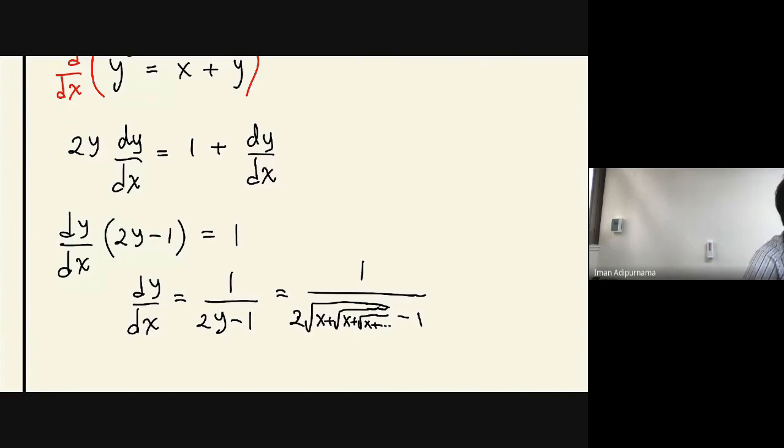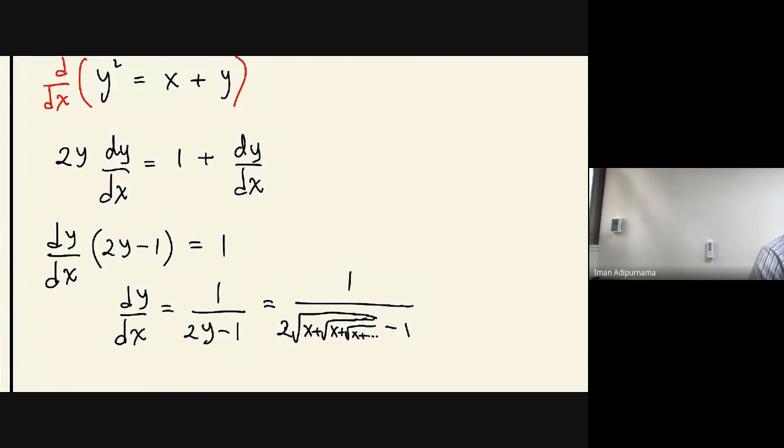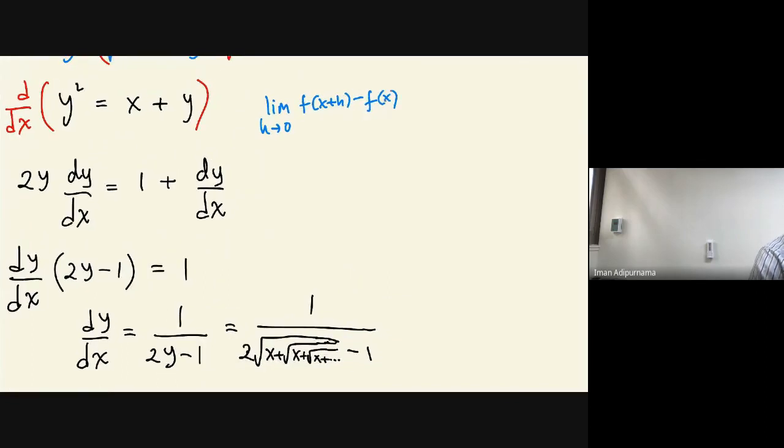Most of the proofs, like I did before, for example the limit as h goes to 0, this is actually our definition for derivatives, right?